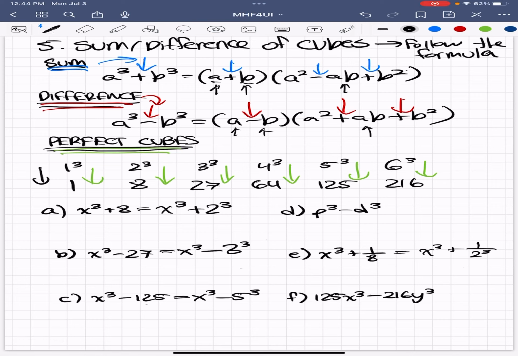So x to the power 3 plus 8 is actually x to the power 3 plus 2 to the power of 3. So underneath, yep, that's correct. And this one, you're just using the variables, so this is just the formula.